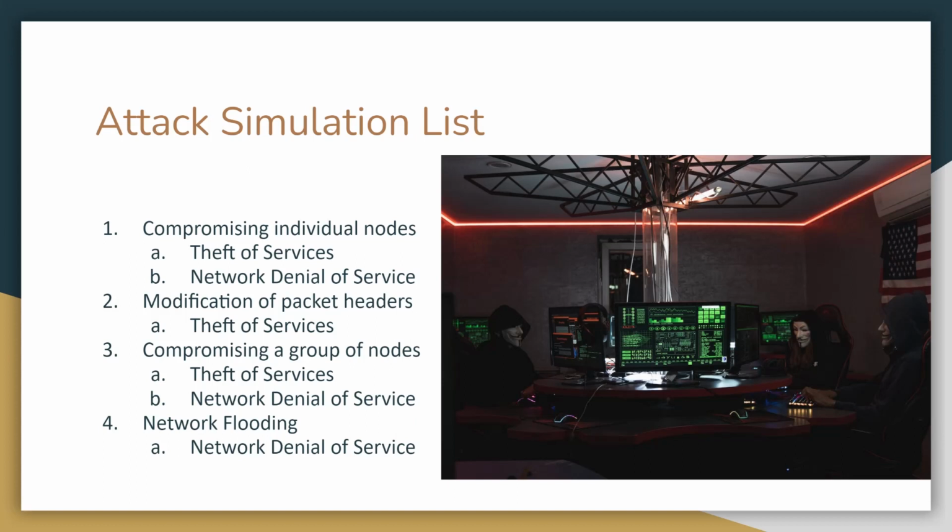The third attack, being quite similar to the first, differs only in that multiple nodes are targeted rather than just one, and it contains theft of services and network denial of service. Our last attack concerns network flooding, whose goal was to send packets to multiple nodes at once with a higher frequency than all other nodes.